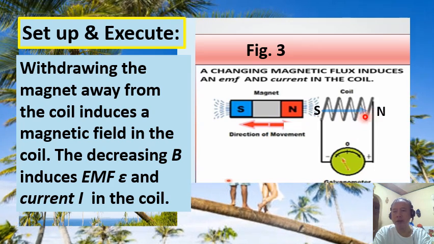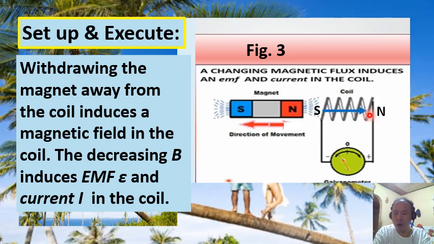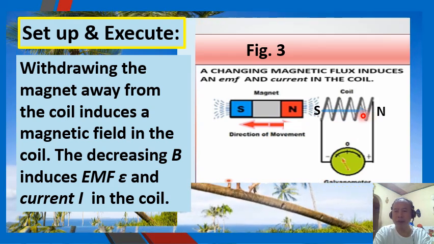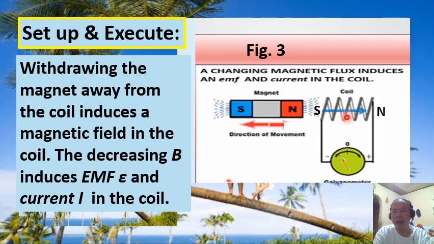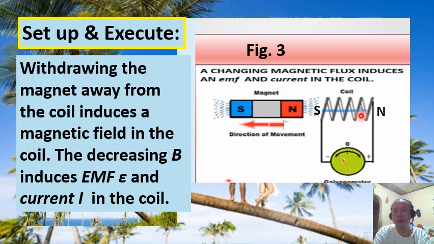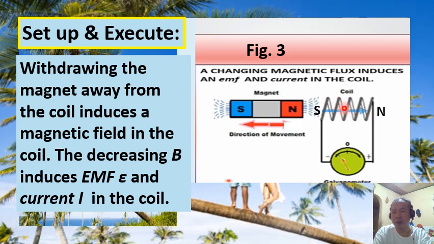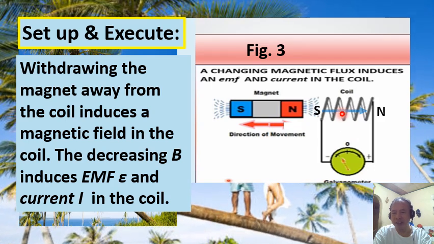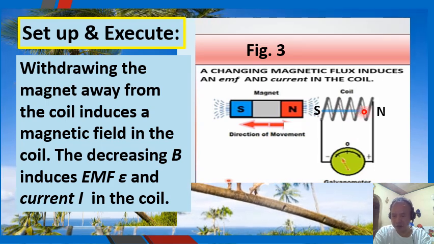We're talking about the direction of the magnetic field inside the coil, that is. And this blue arrow represents the magnetic field that is induced in the coil, or when multiplied by the area vector of the coil, that also can represent what we call the change in the magnetic flux.